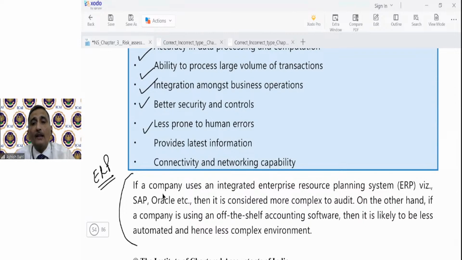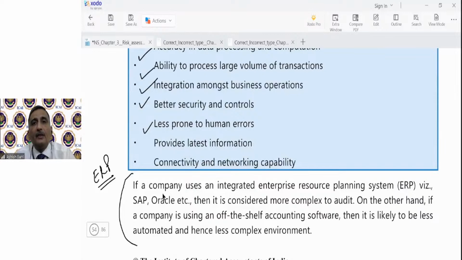These provide software which integrates all the business processes of the company, right from procurement to production, to sales, to HR. The software is of such a kind that it integrates all the business processes.